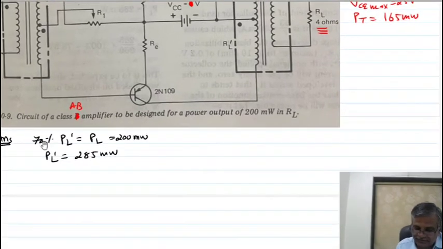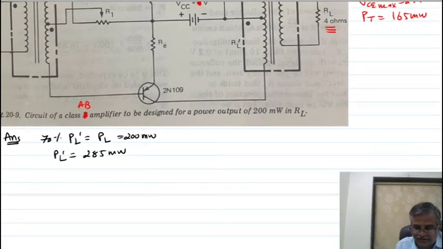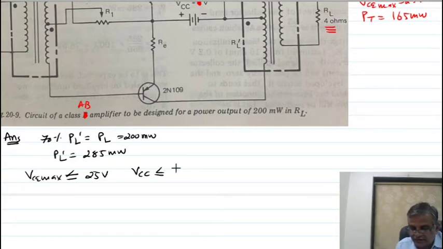Very simple. Same thing I am doing, only one thing is changed. Now, you know that VC max is 25 volt, so VCC should be less than VC max by 2. So I am taking VCC 9 volt.